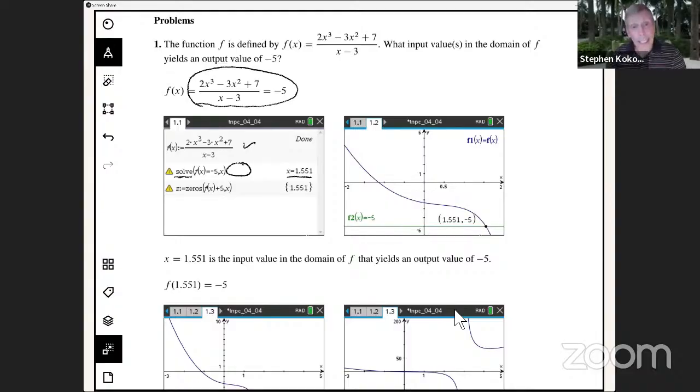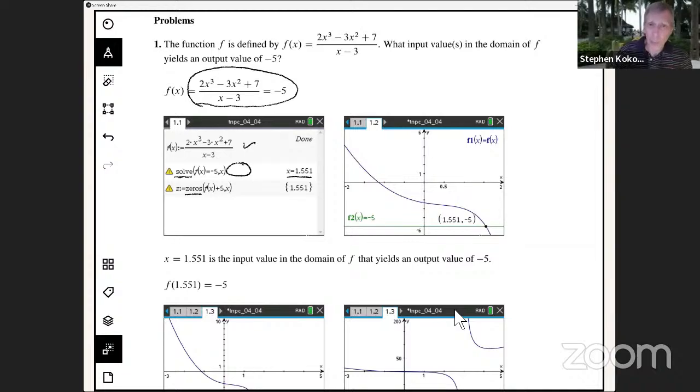Now, that's one way to get the answer. Another way to get the answer, a function that I like to use on the TI-Nspire, is the command zeros. The reason that I like to use this is because even if there's just one solution, but especially if there's more than one solution, it puts all of these values into a list. And I can refer to those specific values in that list and work with those values.